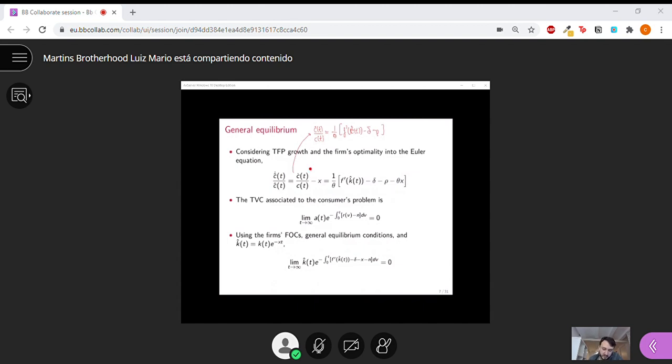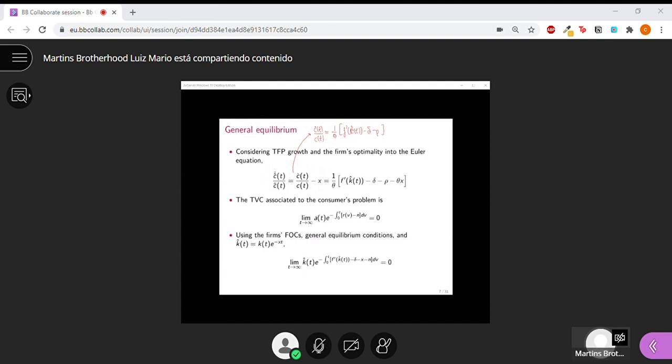So you have this relationship. I'm going to show you that C hat dot over C hat is C dot over C, small c dot over small c, minus x. And the interpretation for this is that C hat is C divided by something that is growing over time.